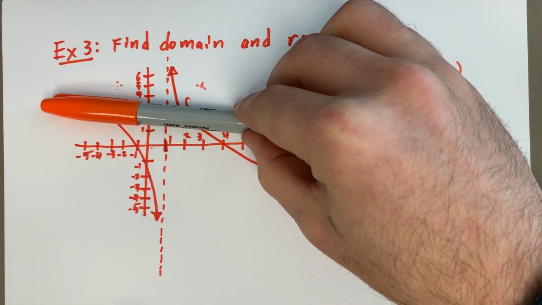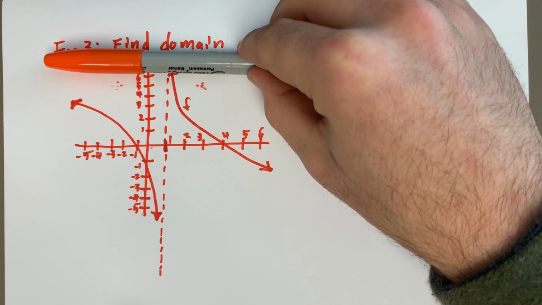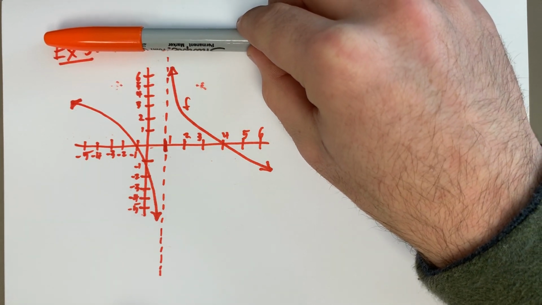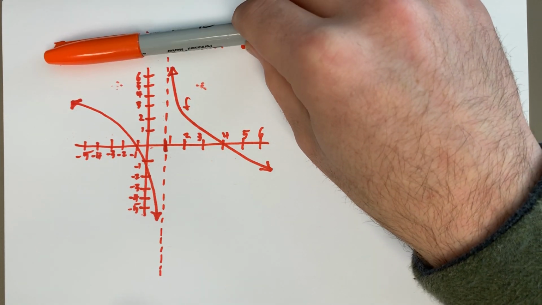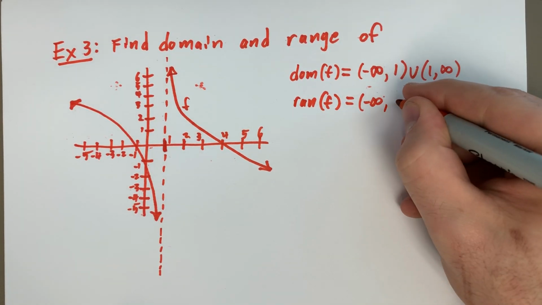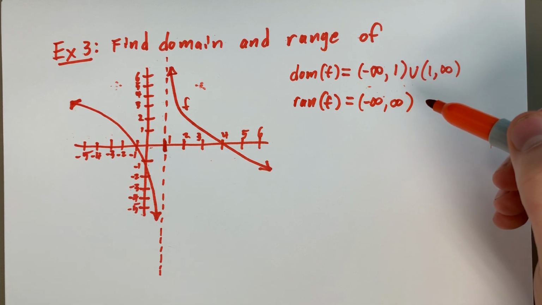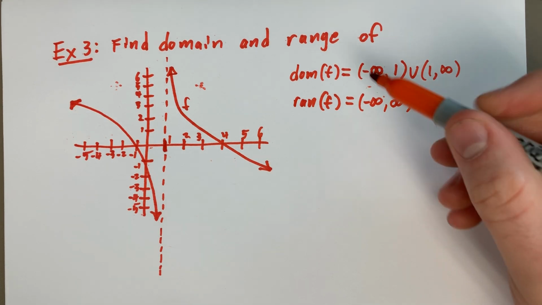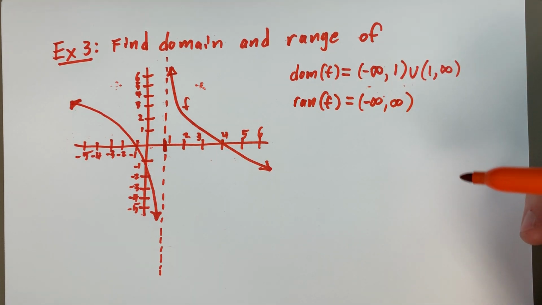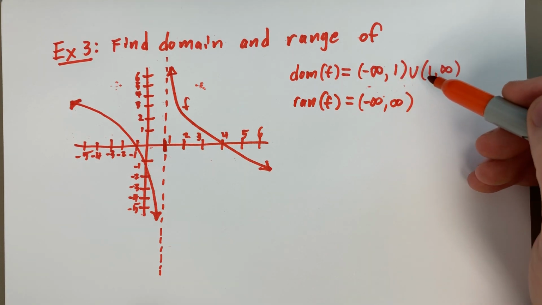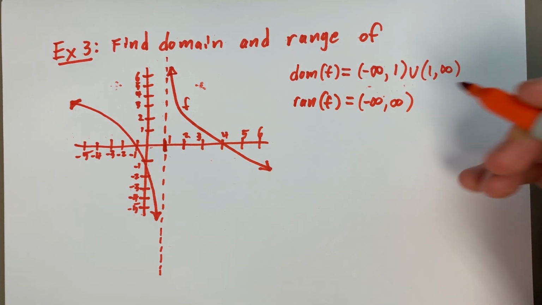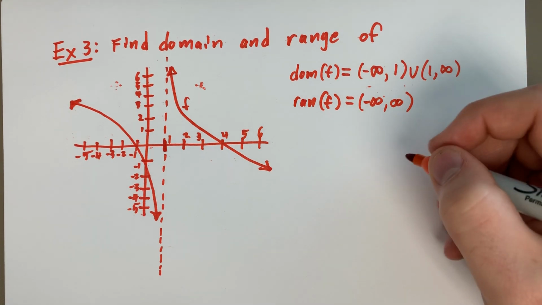I'm always touching this graph. Still always touching. I never stopped touching this graph. So since I never stopped touching, I just write infinity. So the range is everything. I hit all possible y values, but I can't plug in 1. So the domain is minus infinity to 1, union 1 to infinity, and the range is everything.